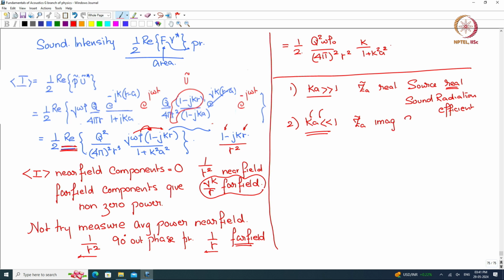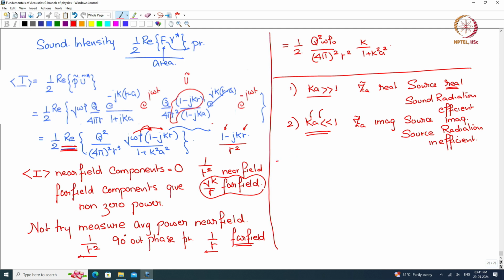So the source sees an impedance that is imaginary and is unable to radiate. Sound radiation is inefficient, the sound source is inefficient. That is one thing you take away from this.